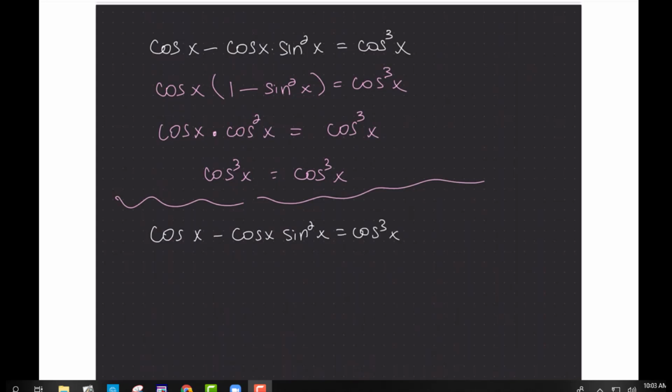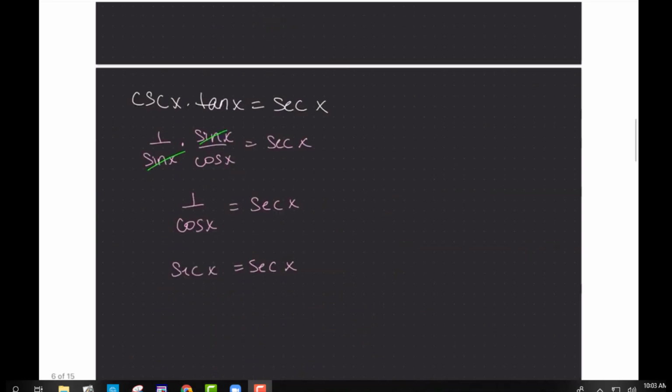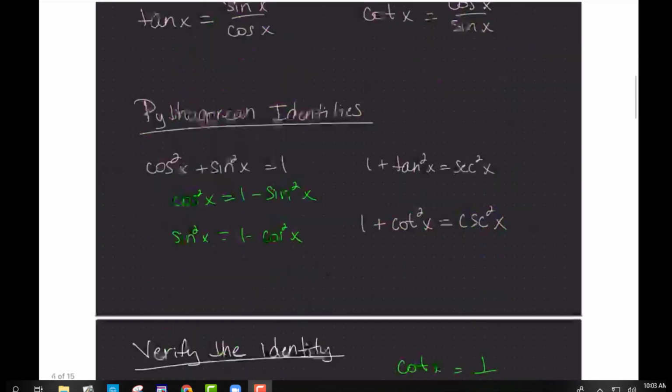If you didn't want to factor out that cosine to begin with, you know what sine squared is, right? If you went back to your Pythagorean identities, sine squared is 1 minus cosine squared. So you could have made that substitution.